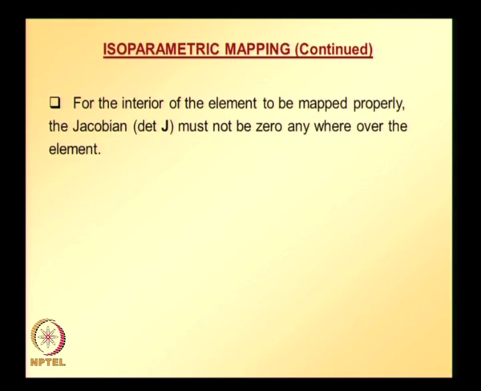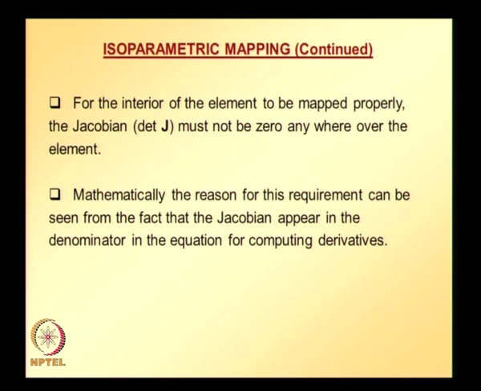Corner nodes are no problem, they are mapped, but for the interior of the element to be mapped properly, the Jacobian, that is the determinant of Jacobian, must not be 0 anywhere over the element. So, this is the requirement. Mathematically, the reason for this requirement can be seen from the fact that the Jacobian appears in the denominator in the equations for computing derivatives.